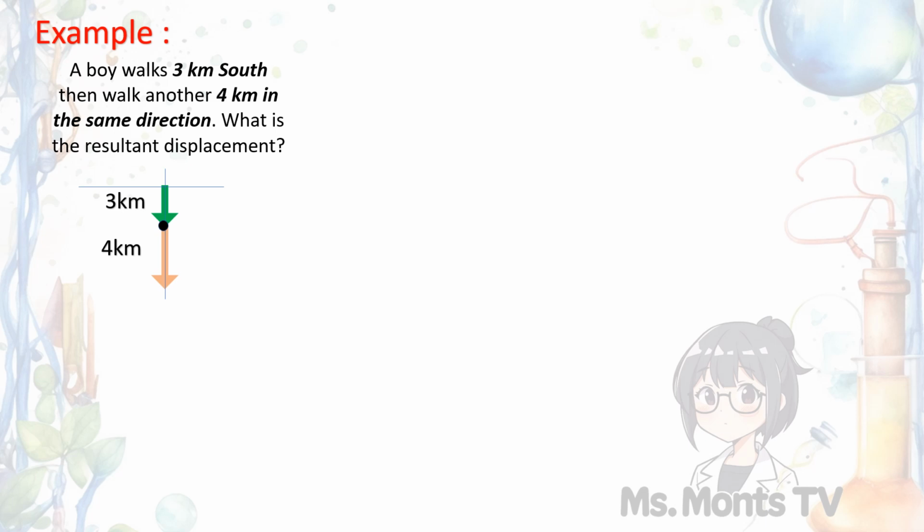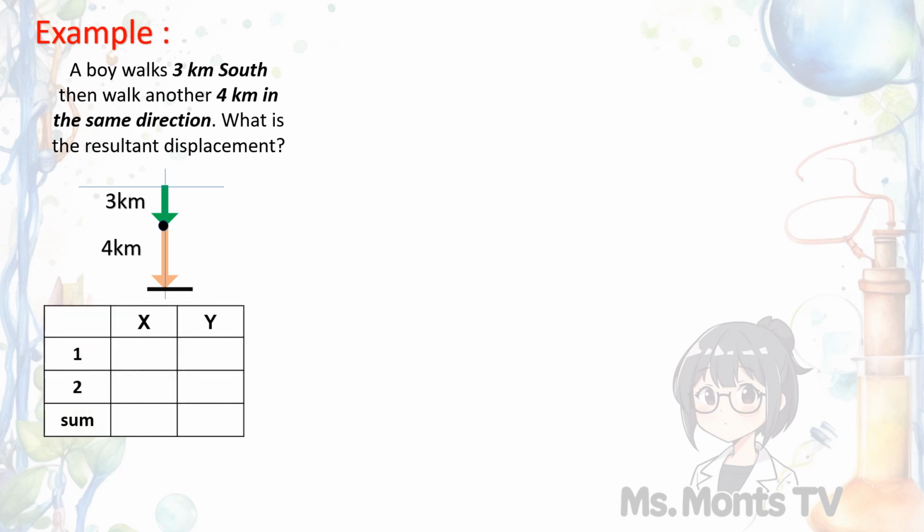What is the resultant displacement? Let's get the x and the y component of the 3 kilometers, so that is 0 and negative 3 because it's going to the south. For 4 kilometers, that's 0 and negative 4. The sum of the x component is 0 and the sum of the y component is negative 7.